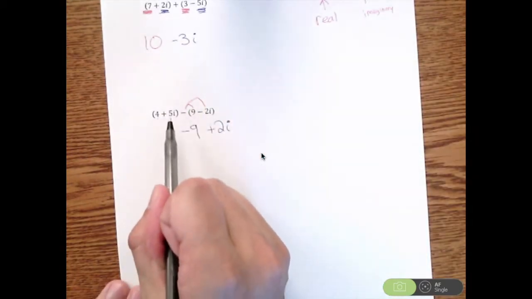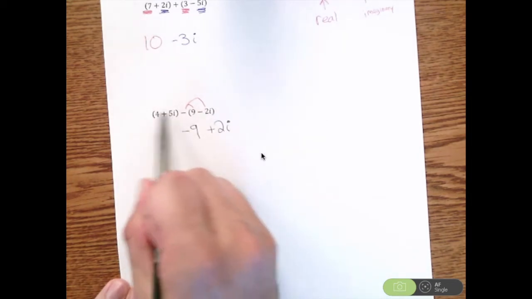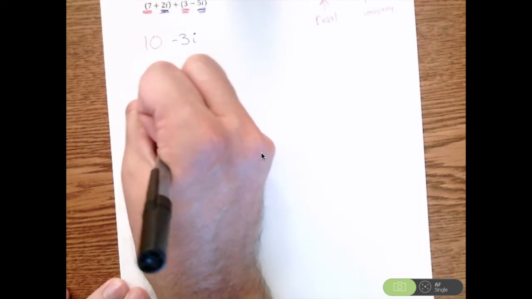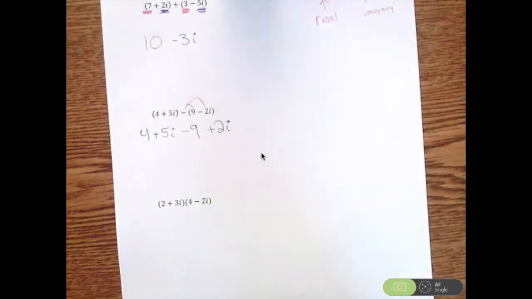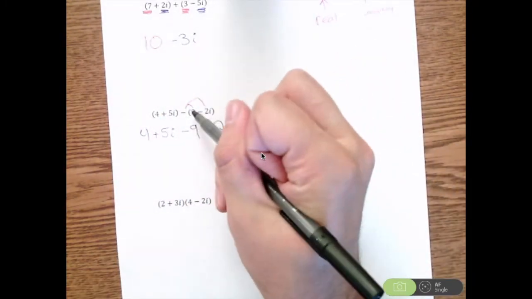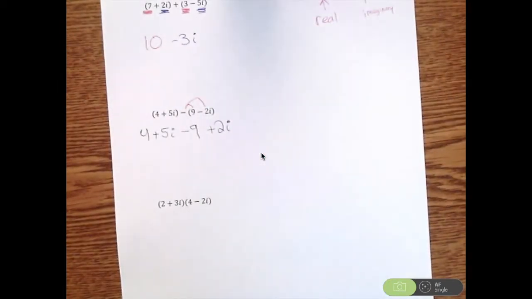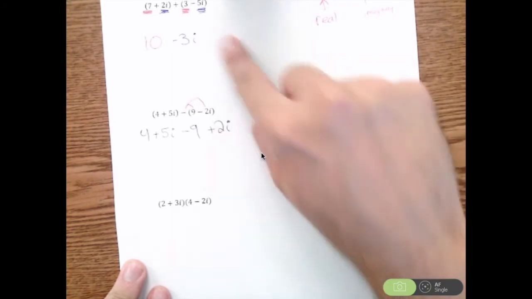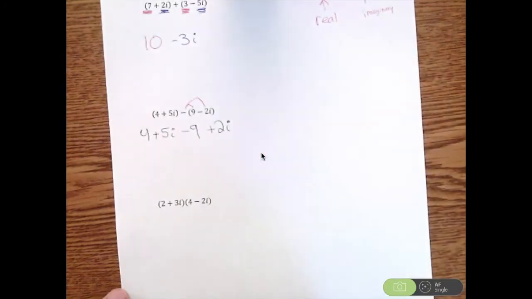There is nothing in front of the first complex number, so that stays the same. It's still 4 plus 5i. Once you distribute that negative through, we're just going back to what we did in the first problem. We're combining like terms, real with real and imaginary with imaginary.